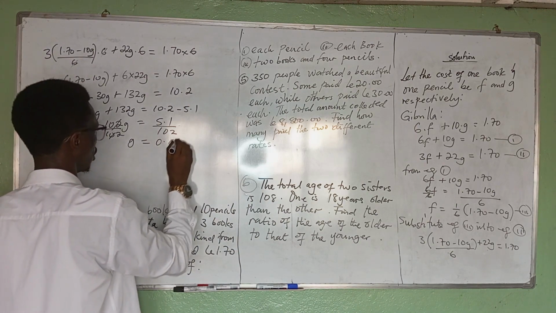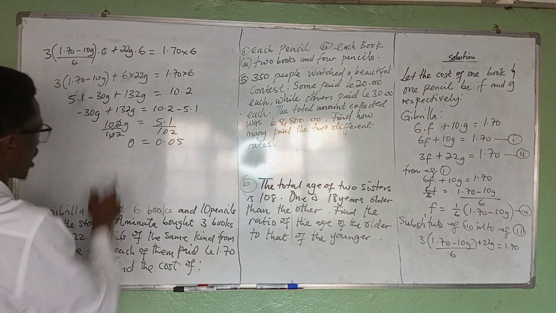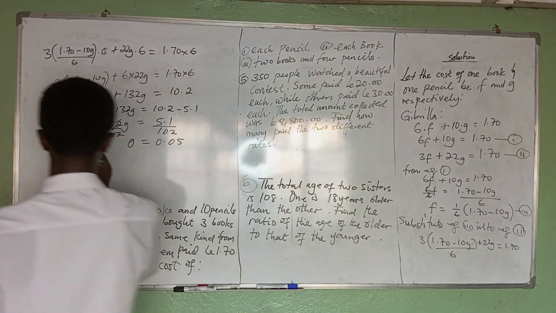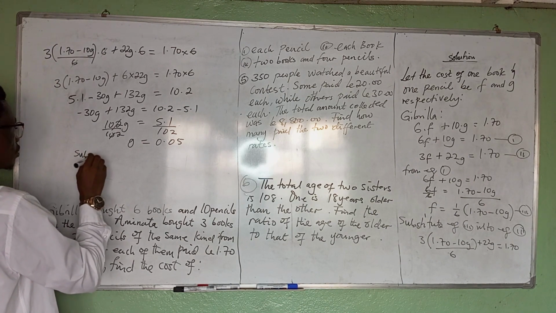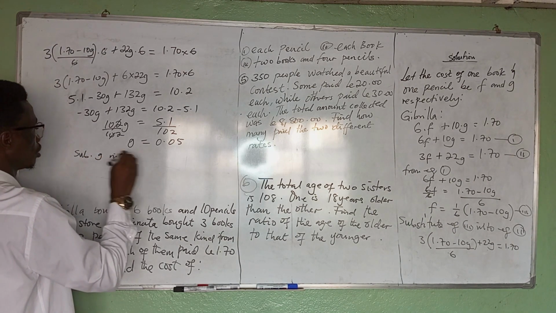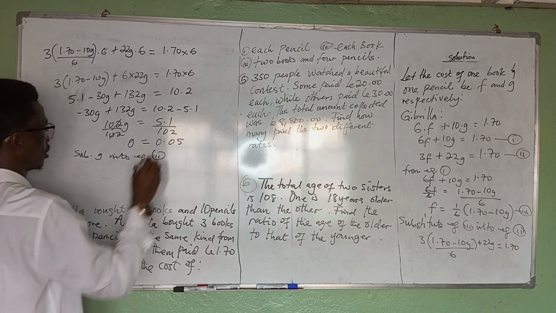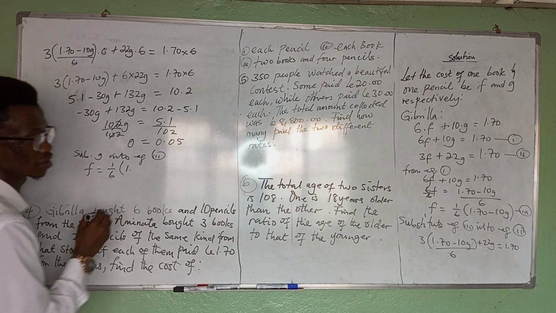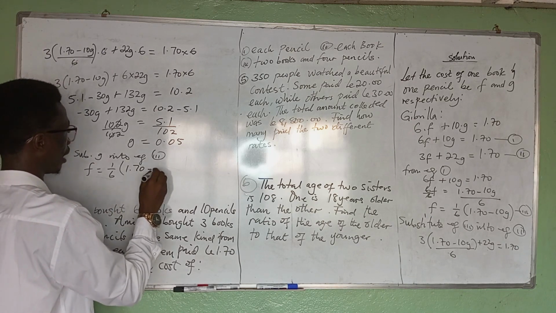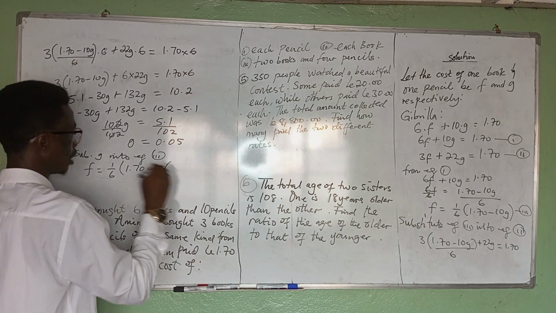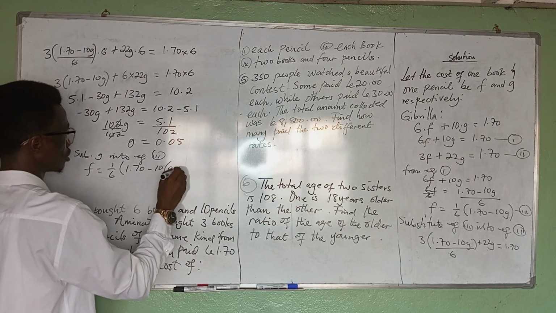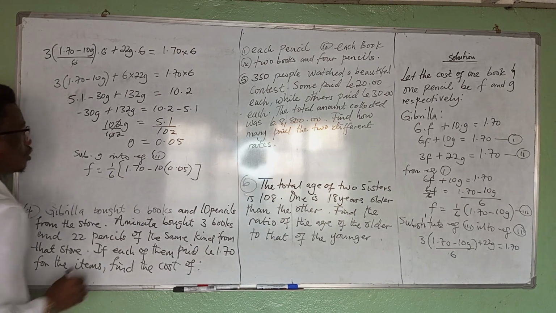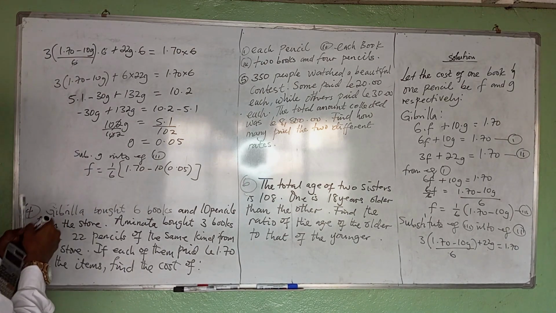This is 0.05 Leon. So let's find f by using equation 3. Okay. So you substitute g into equation 3, which is f equals 1/6 into 1.70 minus 10, then g now is 0.05, close the bracket. So that's it. So let's clear the bracket there.